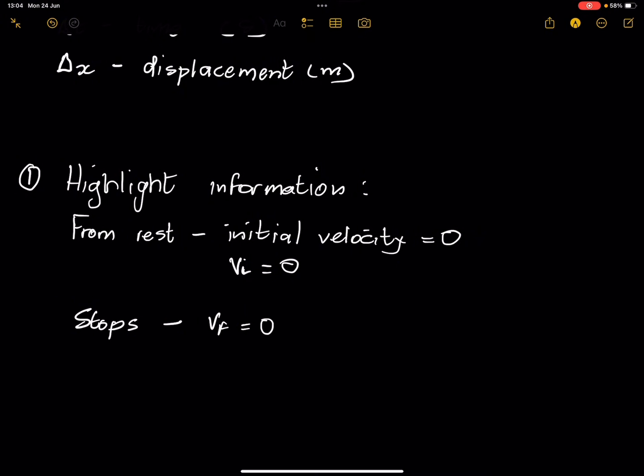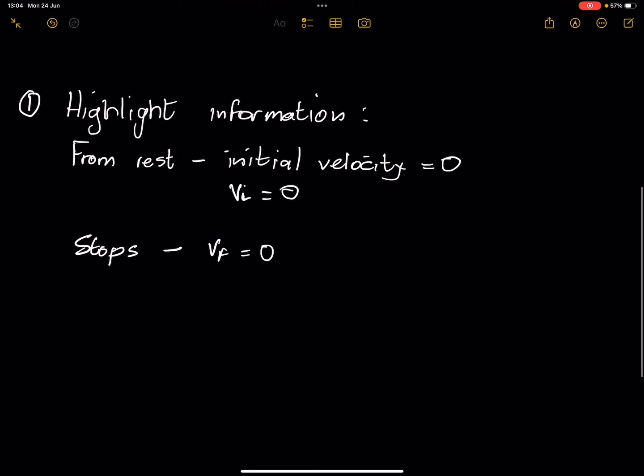So those are the kind of words that you're going to highlight. But I want you to also note, if I look at things like something that is moving at constant speed, right? So if they say constant speed, then I know that it means that my acceleration is equal to 0 meters per second squared, right?